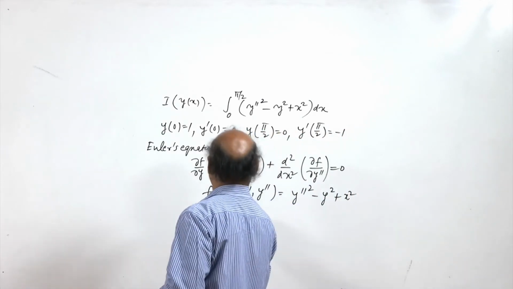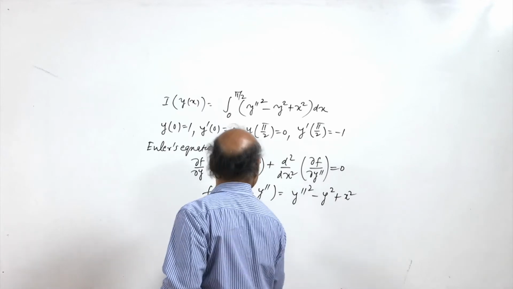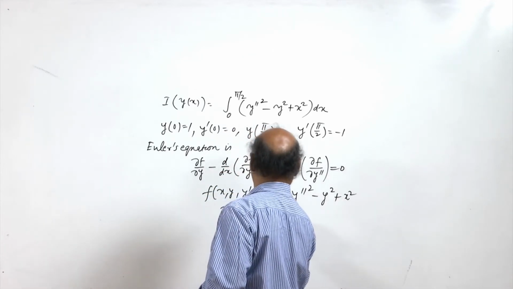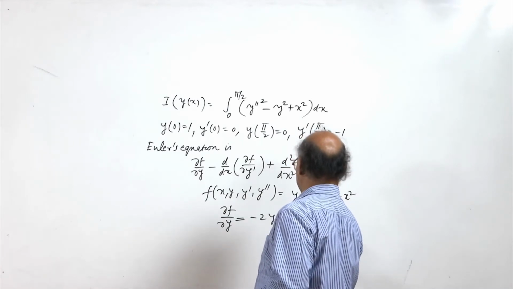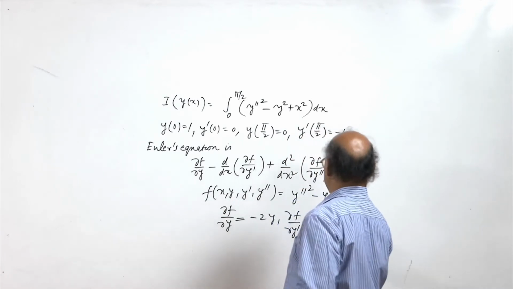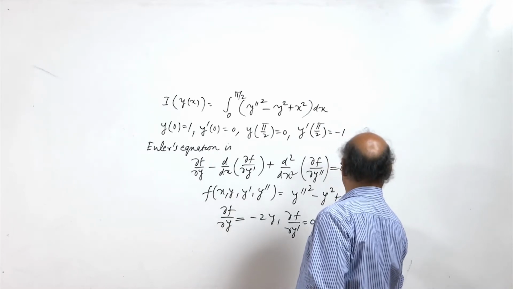Let us find its derivatives. Derivative with respect to y is minus 2y, derivative with respect to y dash is 0, derivative with respect to y double dash is equal to 2y double dash.